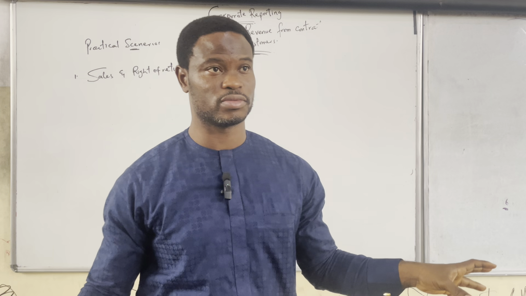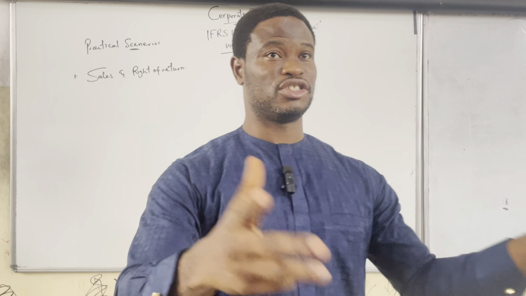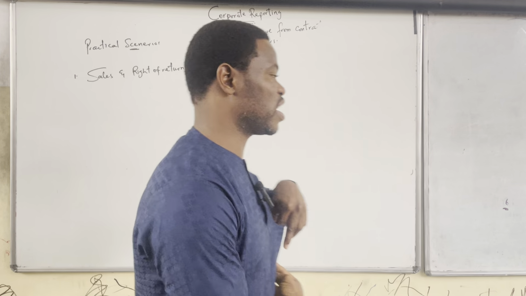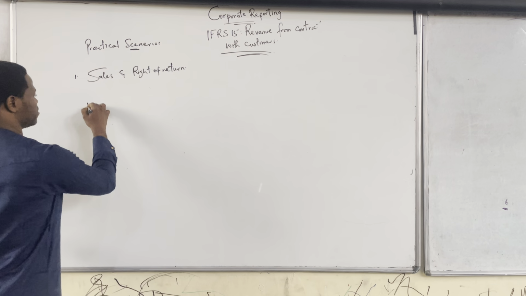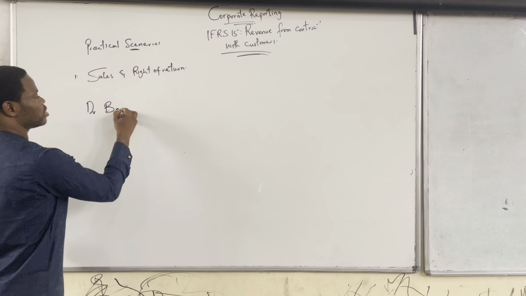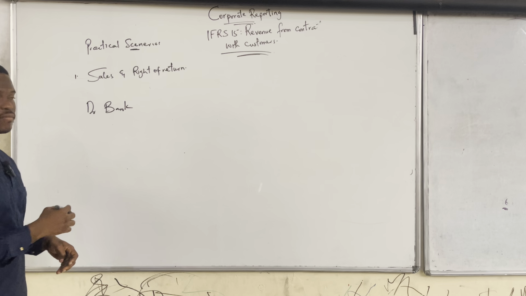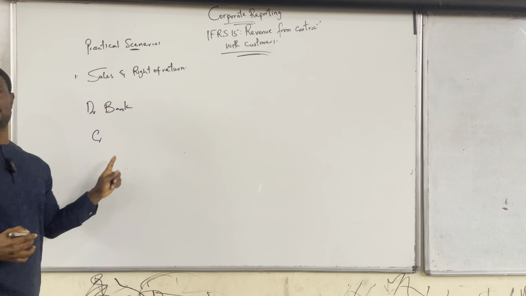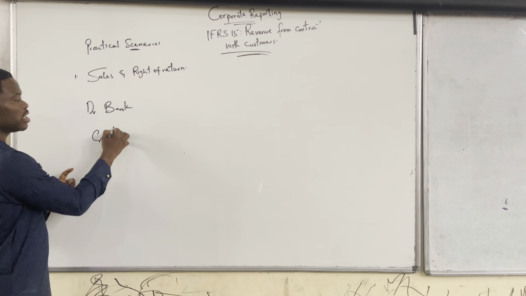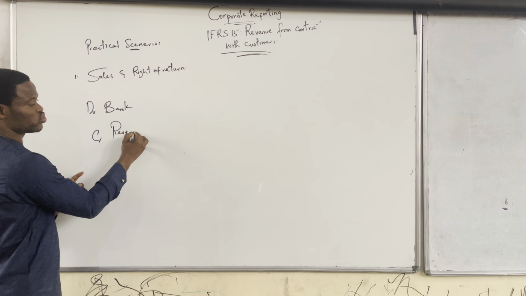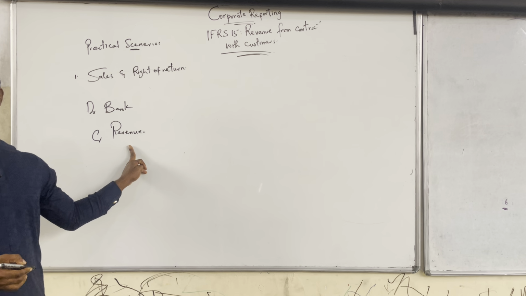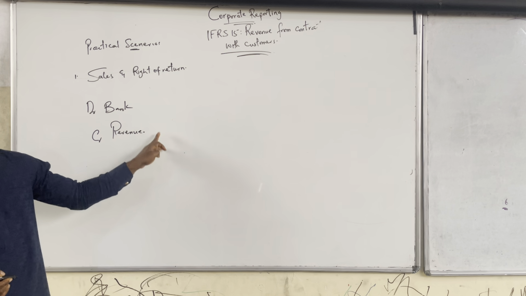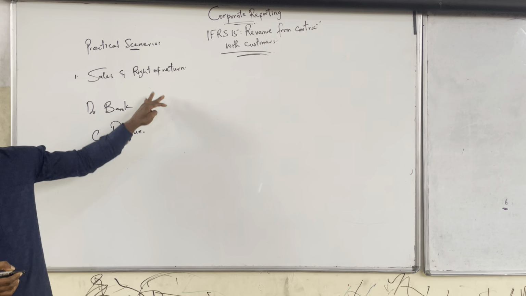So one thing is sure, the customer will have paid you, right? So you'll have probably debited bank. However, you will recognize revenue. But this revenue you are going to recognize must exclude the portion that can be returned.